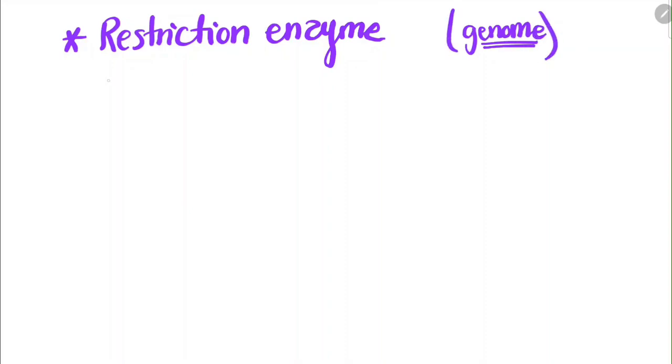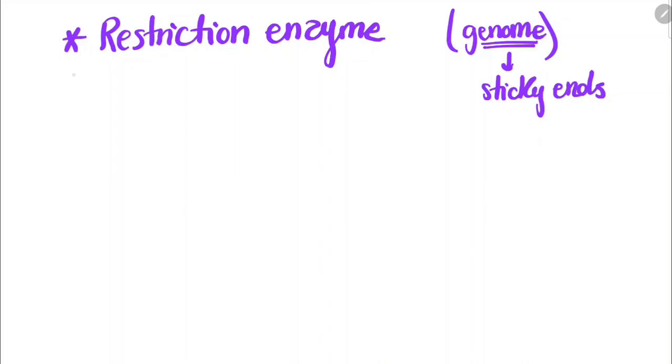So I want to make a small summary of what we've said. The first part is using the restriction enzyme in order to cut part of the DNA from the genome of the bacterial cell, leaving of course something that we called sticky ends.